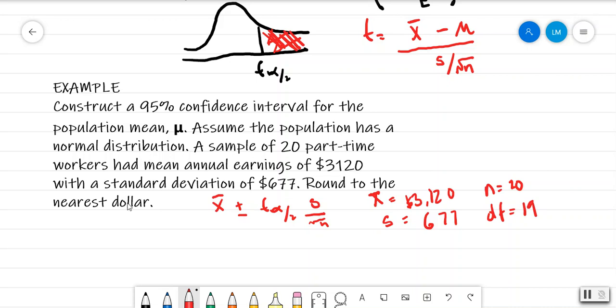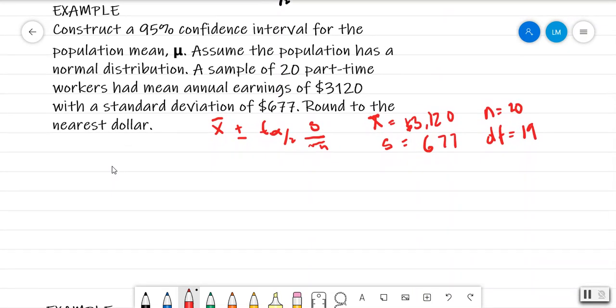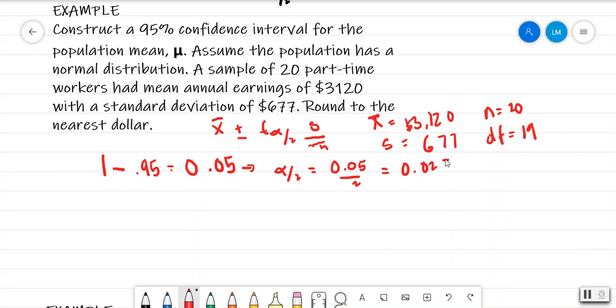Now, the question we need to address is how do you find t alpha over 2? Well, we have 1 minus the 0.95 confidence level, which is 0.05, but you need to divide that by 2, seeing as all confidence intervals for a t-distribution are two-tailed. So alpha over 2 is equal to 0.05 divided by 2, which is 0.025.